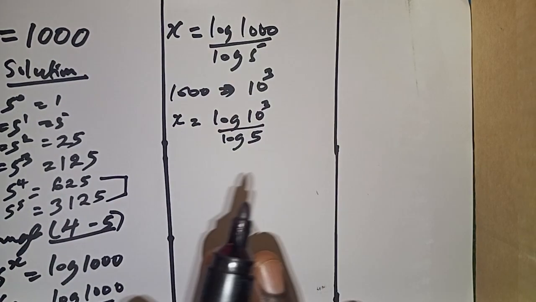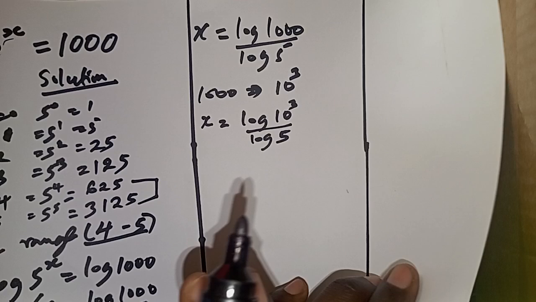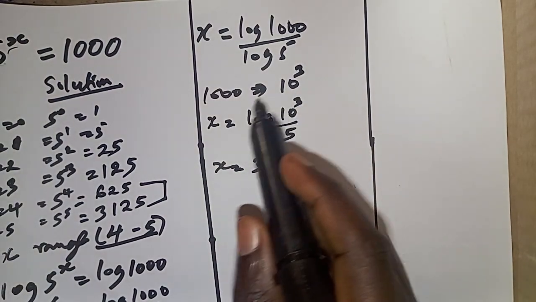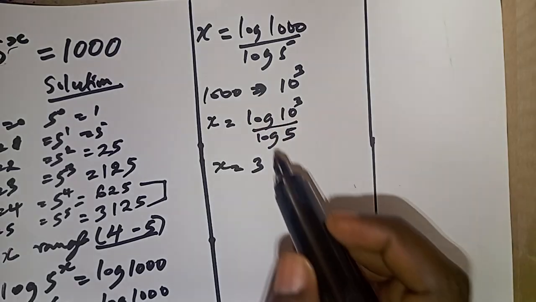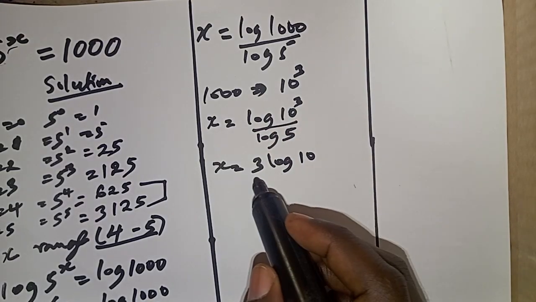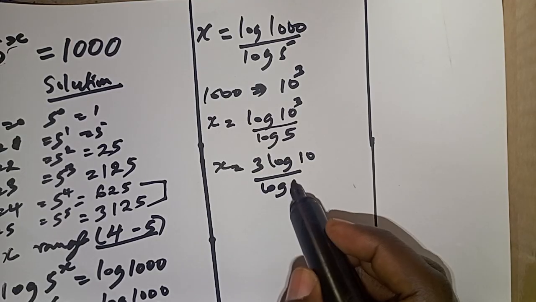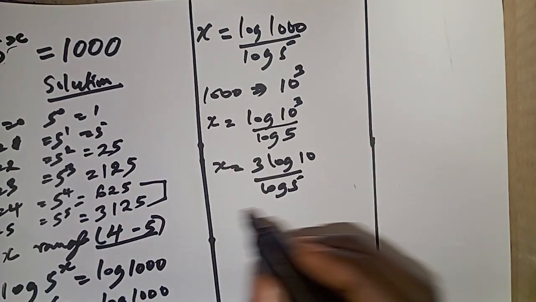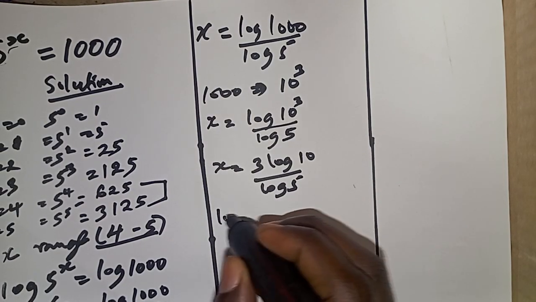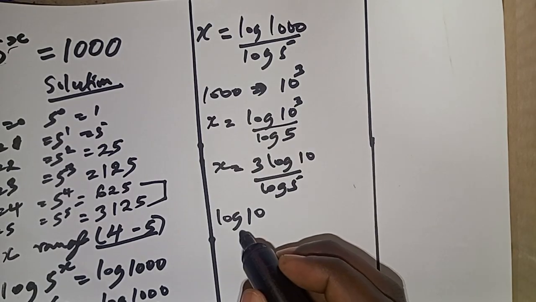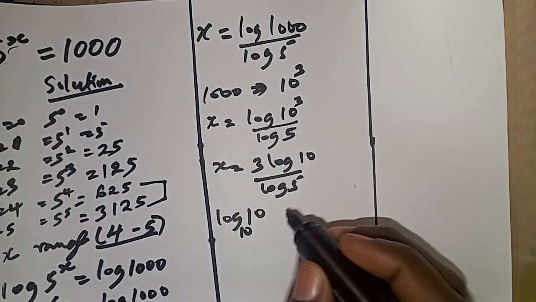Simplifying this further, we know that x now becomes 3, taking this 3 to the other side, we have 3 log 10 divided by log 5. And recall that when you have log 10 and the base is unknown, then you assume it to be base 10.